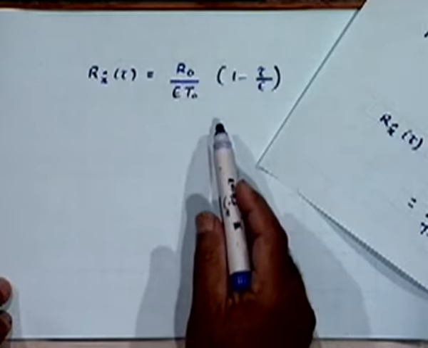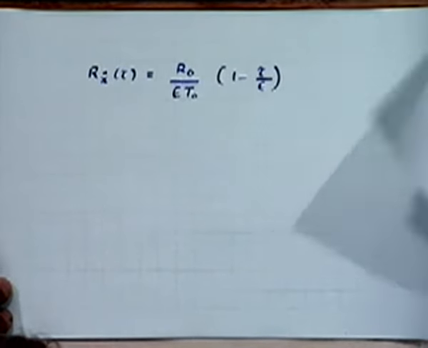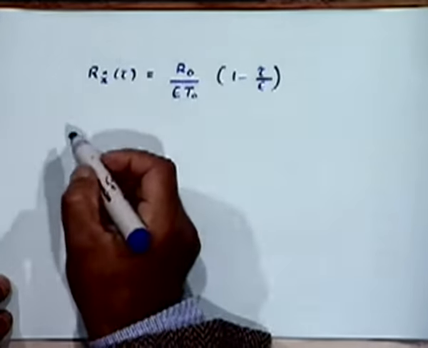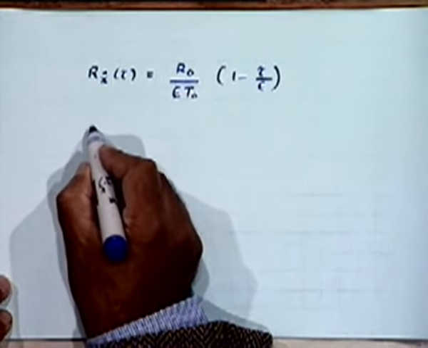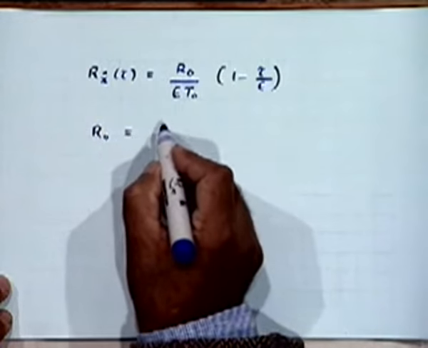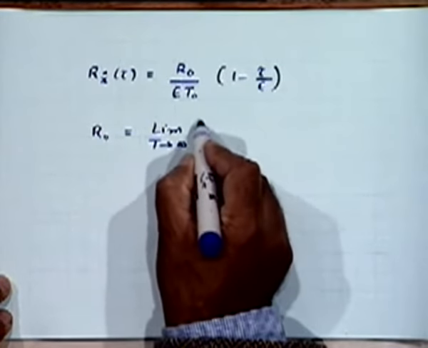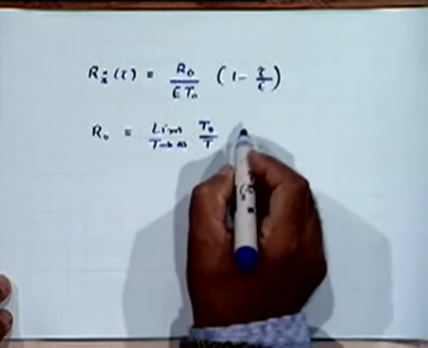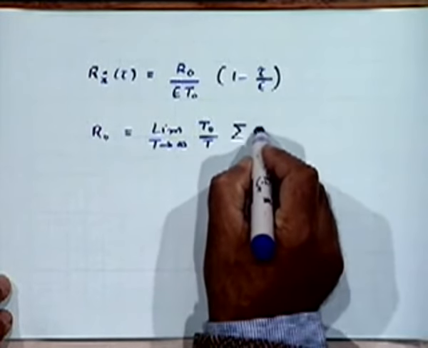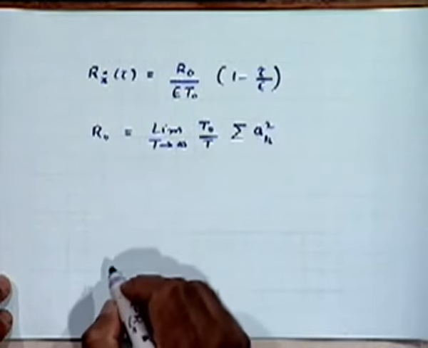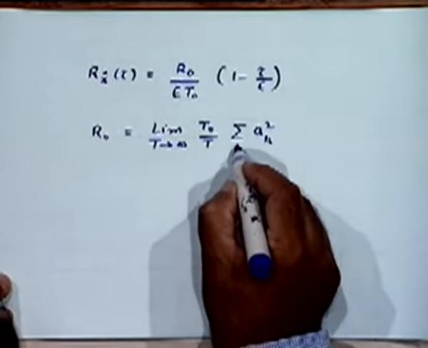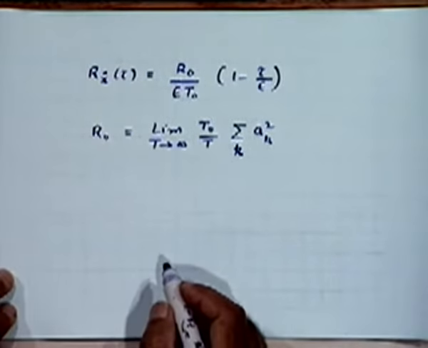Actually, you're taking epsilon outside because this one epsilon will cancel, and r0 is defined by limit T tends to infinity T0 upon T. Just convince yourself that this is okay. All right.